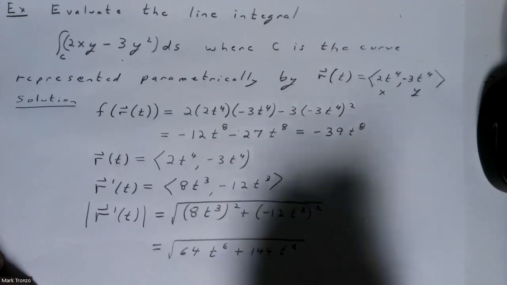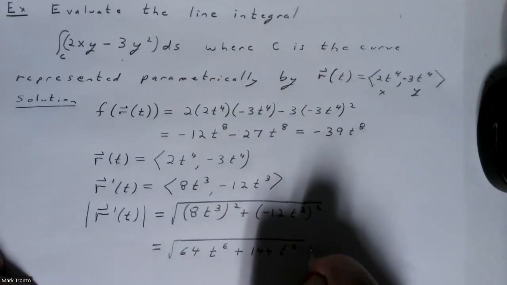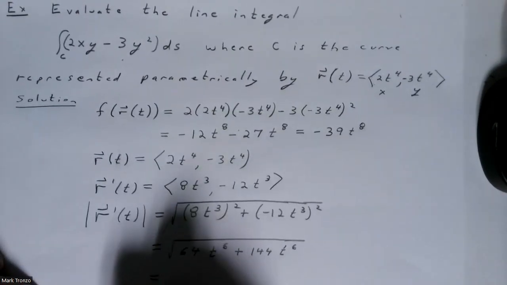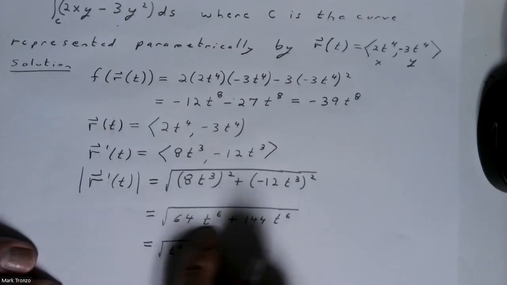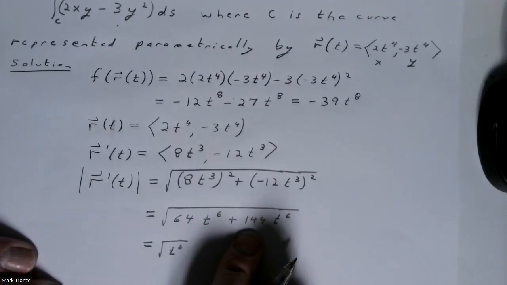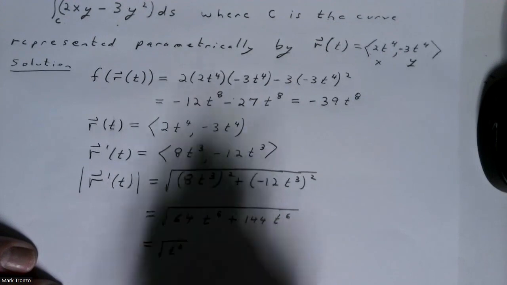And what we can do, we can factor out the t to the 6th, the square root of that. And then if we add these together, what is that? 208.